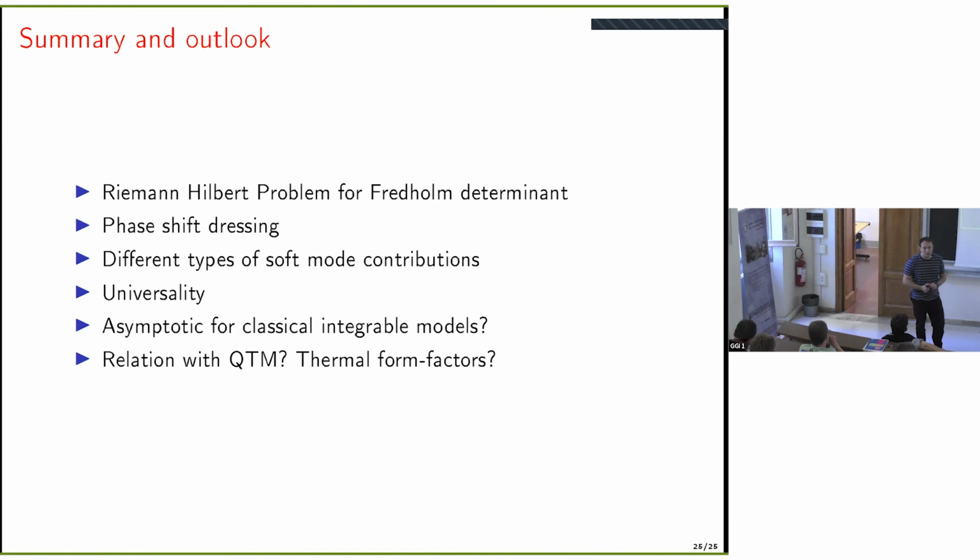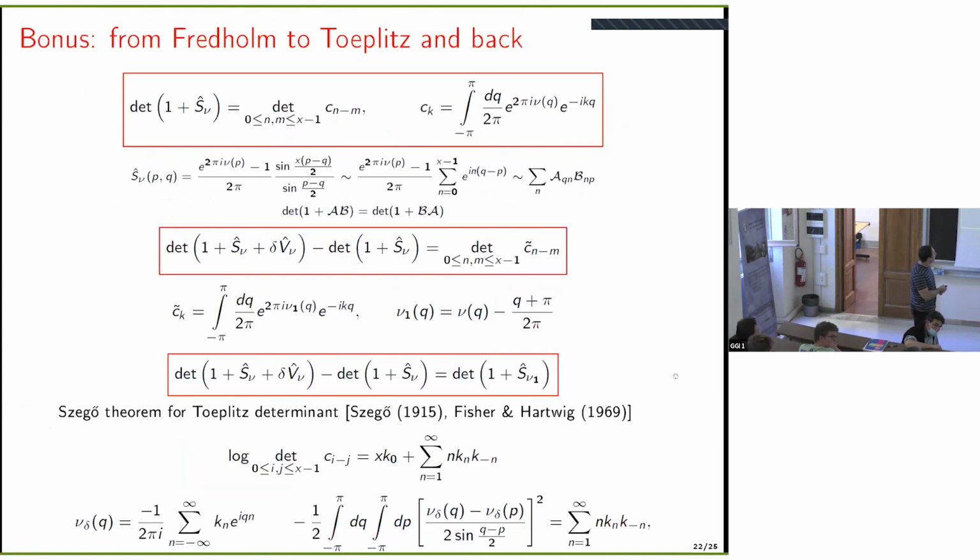Further questions? You had a correspondence between Toeplitz determinants and Fredholm determinants. And it's more complicated when there are Fisher-Hartwig singularities in the Toeplitz. So what kind of singularities would this correspond to? So Fisher-Hartwig corresponds to what I told you about zero temperature, when you have a distribution that suddenly stops. In my opinion, it's easy.